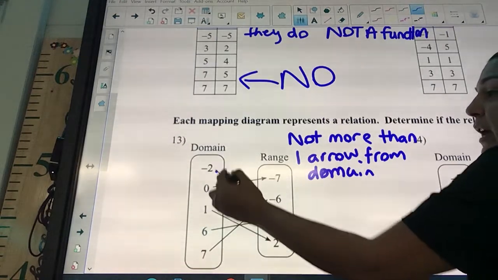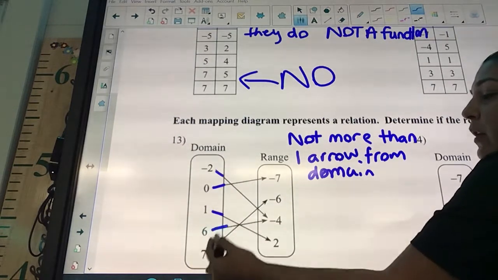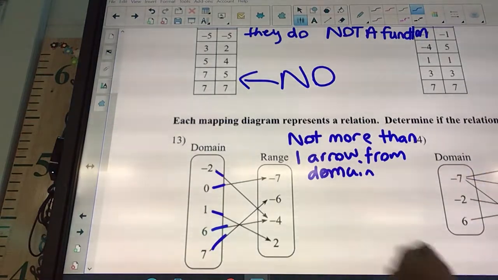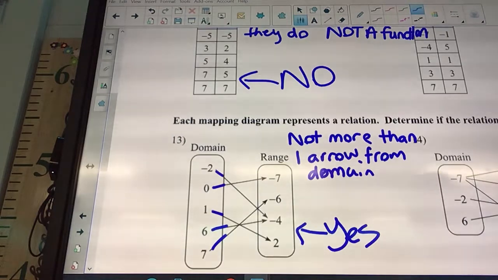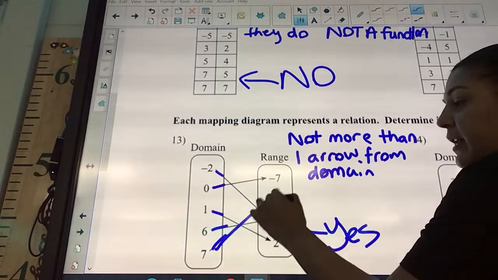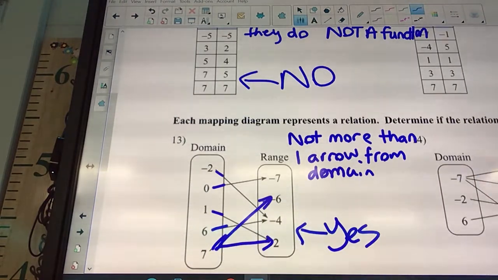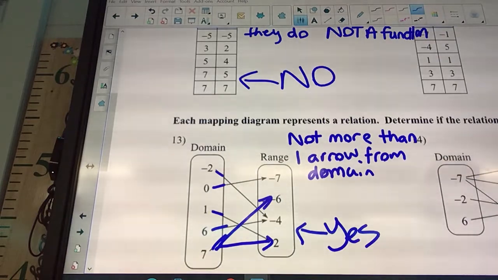So this one's got 1 arrow, 1 arrow, 1 arrow, 1 arrow, 1 arrow. So is that a function? Yes. But if it had 7 going to the 6 and 7 going to the 2, then that would not be a function.